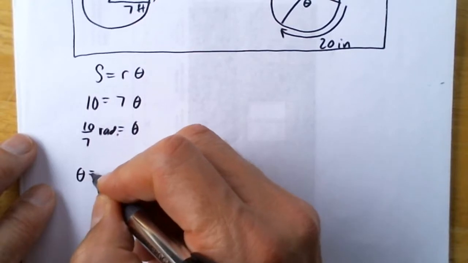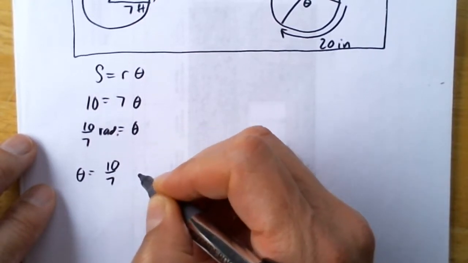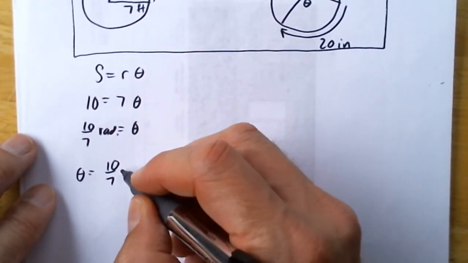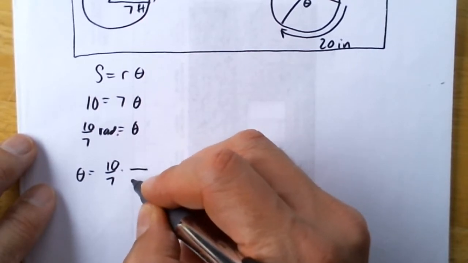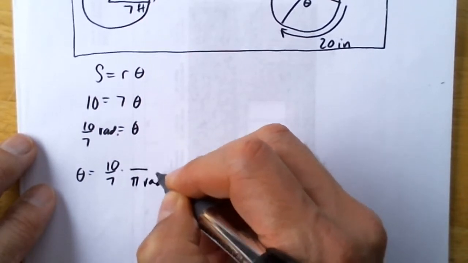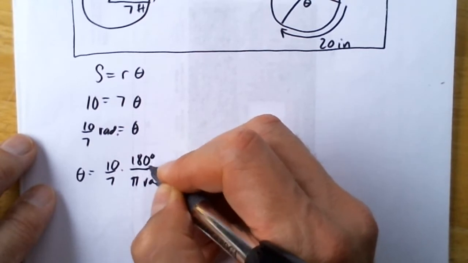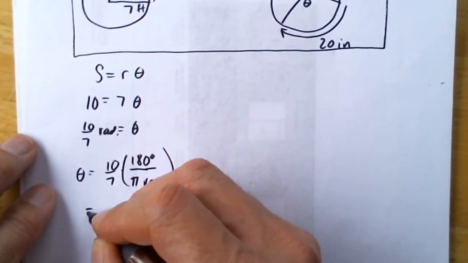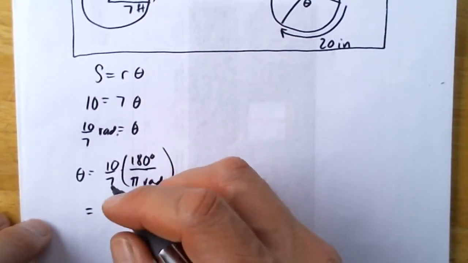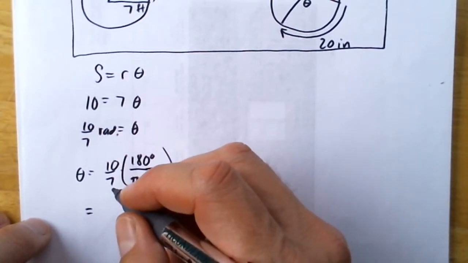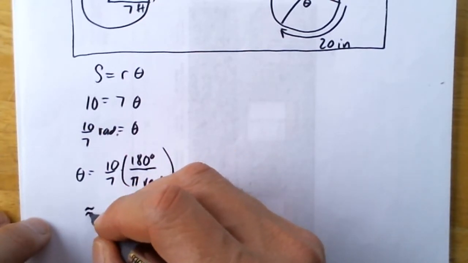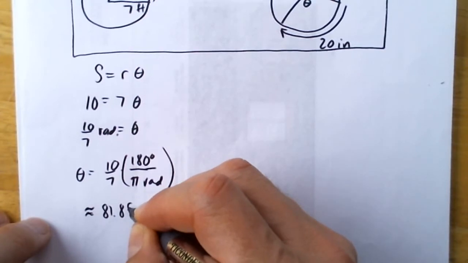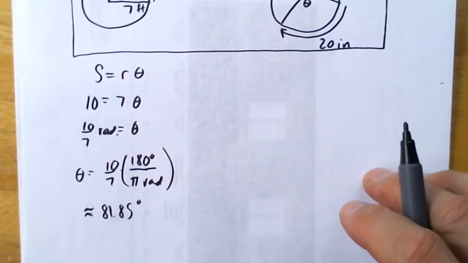Then we could convert that to degrees, 10 over 7. That's radians, so we want to cancel radians. Pi radians, 180 degrees. And if we multiply that, we get about 81.85 degrees.